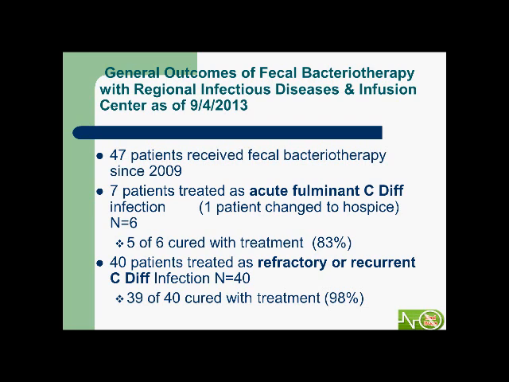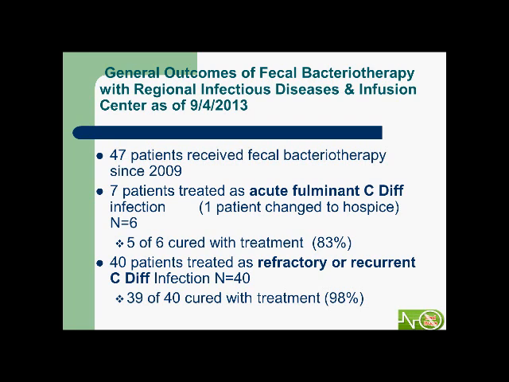But we have been collecting data on our fecal bacteriotherapy patients since 2009, and of the 40 recurrent refractory patients that we have treated, 39 did go on to get cured. That is a 98% success rate.